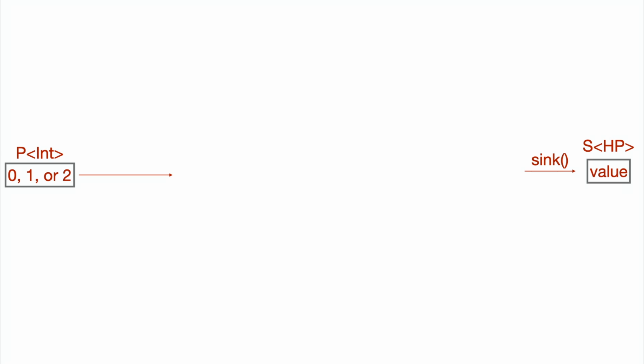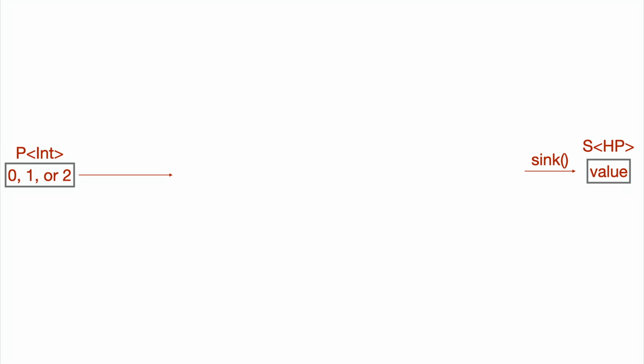Let's look at what a pipeline might look like in Combine. We start at the left side with a publisher of ints. Now, we often have to worry about whether it fails or not, and if it fails, what's the error that it throws. We're just going to focus on if it's successful and it never fails. And so we're starting with this picker that issues a 0, a 1, or a 2. So it is a publisher of an int.